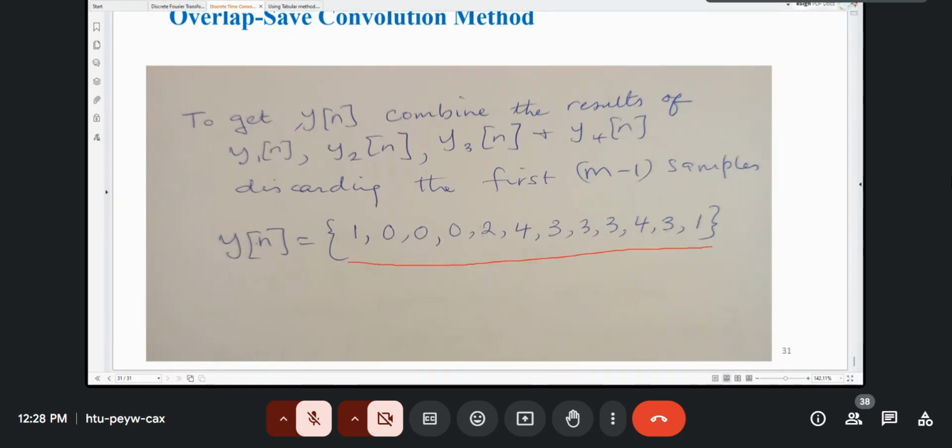Sounds big, but it's not big. Because remember, you're sampling probably at a very high rate, depending on the signal you are dealing with. If you're dealing with voice, then you're sampling at 8,000 samples per second.